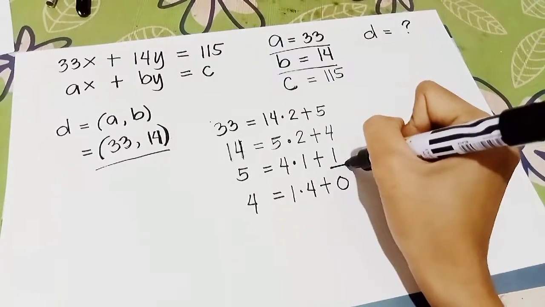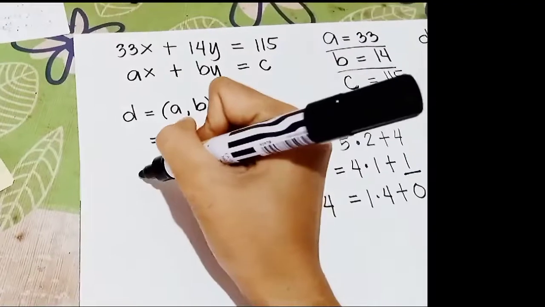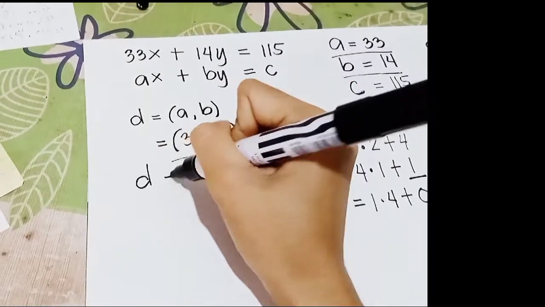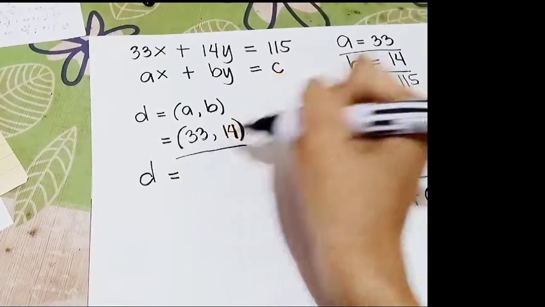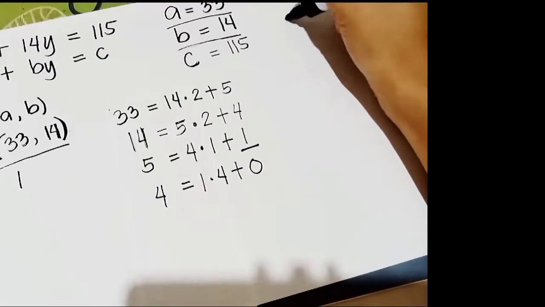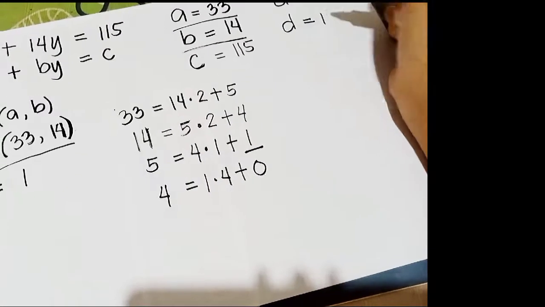So here is our GCD. Therefore, our d equals 1.